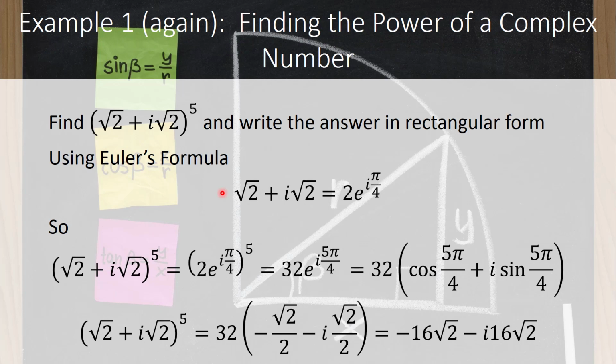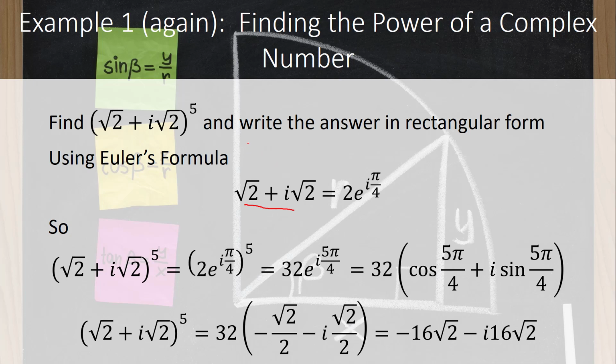One way is to use Euler's formula, which we talked about at the very end of the last section. And remember, root 2 plus i times root 2 is the rectangular form of the complex number.